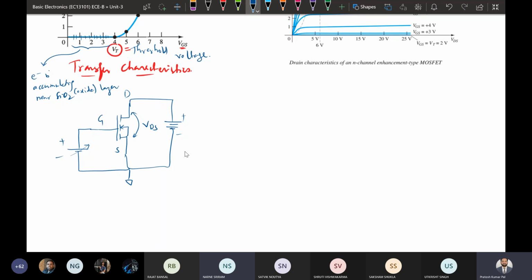This value of VGS at which the channel is formed and current starts flowing is called the threshold voltage. So gate to source voltage should be applied up to a minimum value, that is VTH, the threshold voltage, so that there will be a current flowing through the MOSFET. So this is your threshold voltage.